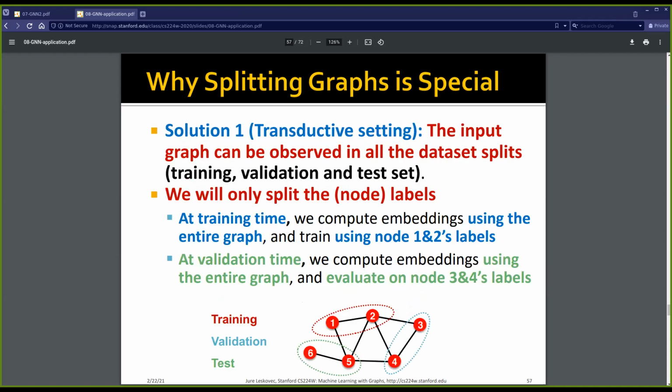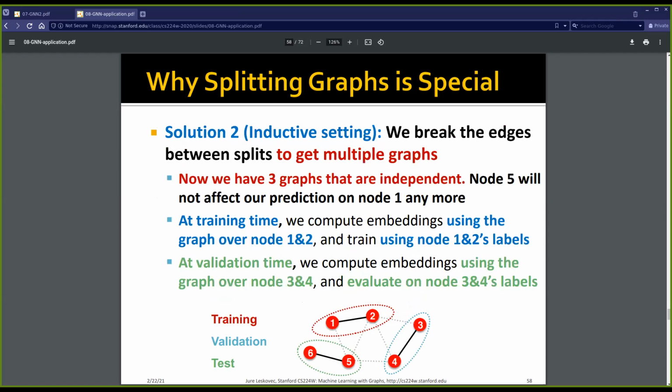So what we can do is use two settings, the transductive one and the inductive one. In the transductive setting, we keep the whole graph, but only use certain subsets of the node labels. During training, we use the whole graph, but only use the labels of the train nodes, for example 1 and 2, during validation the labels of 3 and 4, and so on.